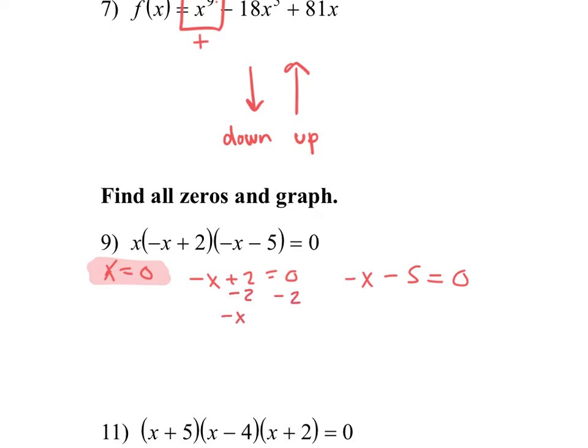So we have negative x is equal to negative 2. How can we get rid of that negative in front of the x? Divide both sides by negative 1. So what is negative 2 divided by negative 1? Positive 2. And then in the third equation, how do we solve for x?